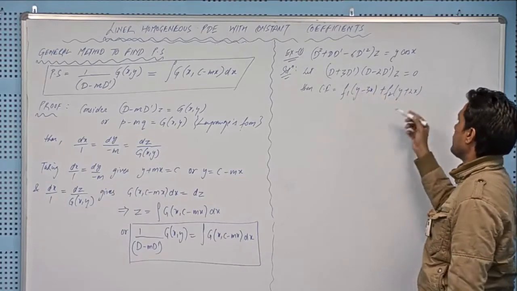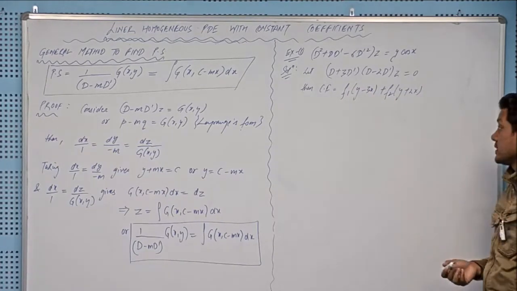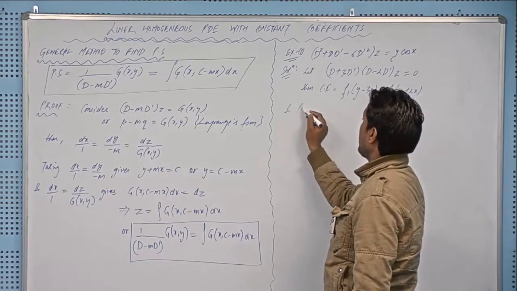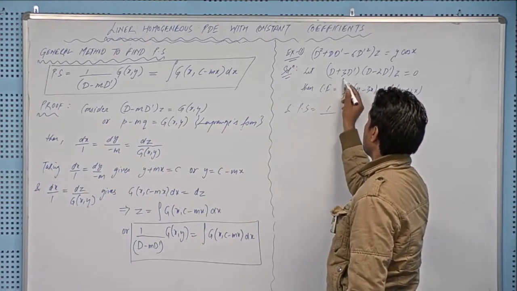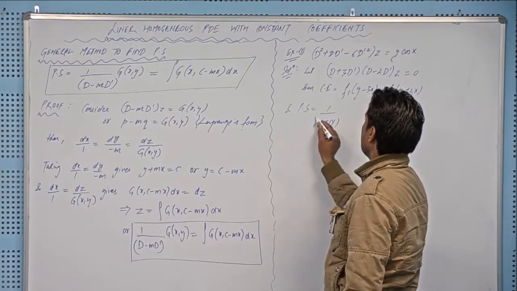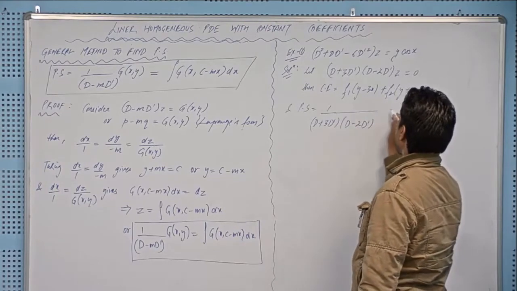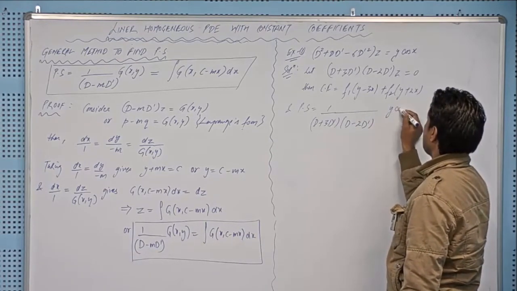This sign gets changed. This is the complementary function where f1 and f2 are arbitrary functions, right? And the particular solution is 1 upon this factorized form of f(D, D dash), operated on y cos x.